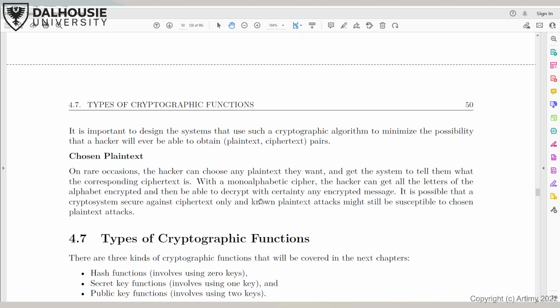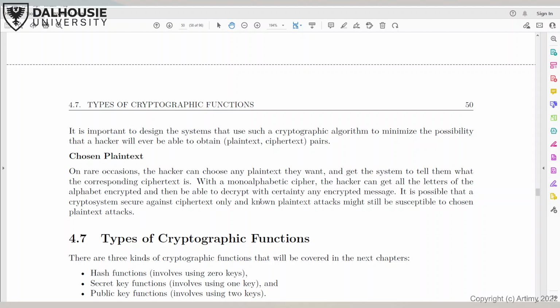The final attack is what's called the chosen plain text attack. In that case, the attacker actually sends the server the plain text that they choose. So let's say there is a kind of attack on a server where the attacker knows that every time they send a plain text, the server will encrypt it and send it back to them. And we'll see examples of that maybe later. So all the attacker can do is send any message that they want to the server, and the server will reply with the encrypted message.